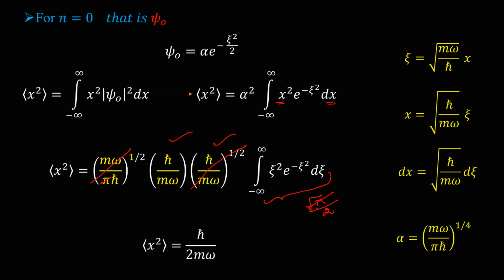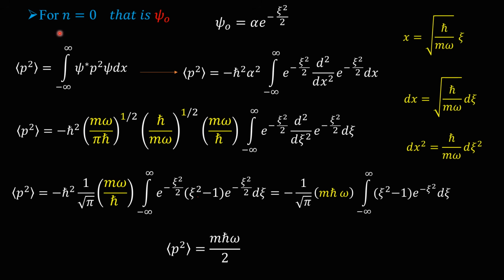The terms left are h cross over m omega, and remember that you have the factor 1/2. So the expectation value of x squared is equal to h cross over 2 m omega.